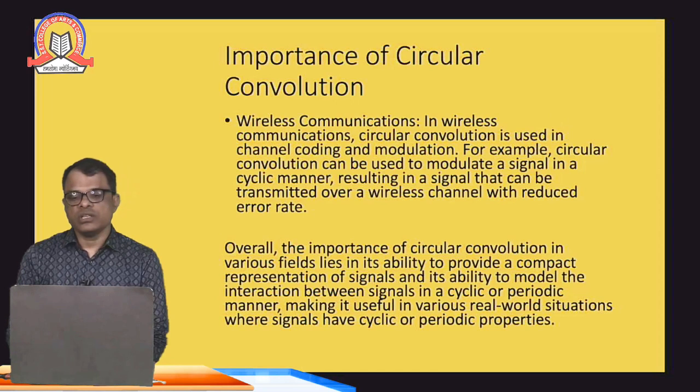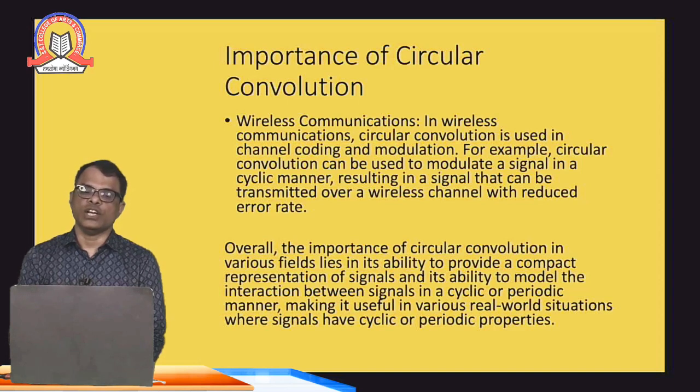Wireless communication. In wireless communication, circular convolution is used in channel coding and modulation. For example, circular convolution can be used to modulate a signal in a cyclic manner, resulting in a signal that can be transmitted over a wireless channel with reduced error rate. In wireless communication also, to reduce the error rate, we can use the circular convolution.